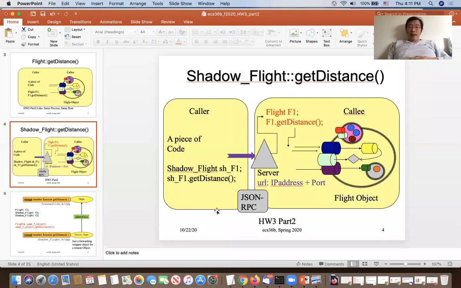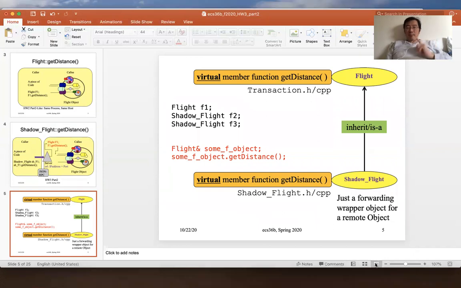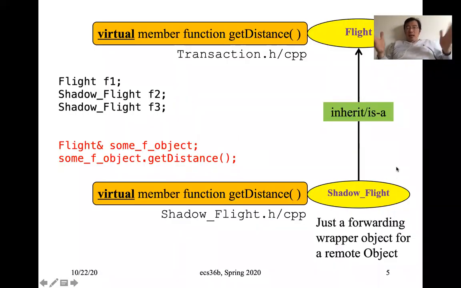On the client side, you cannot directly call flight. If you call flight, you will not get what you want. So essentially what we do is create another class called shadow fly. What shadow fly really is, is just a forwarding wrapper. It is not a real object.